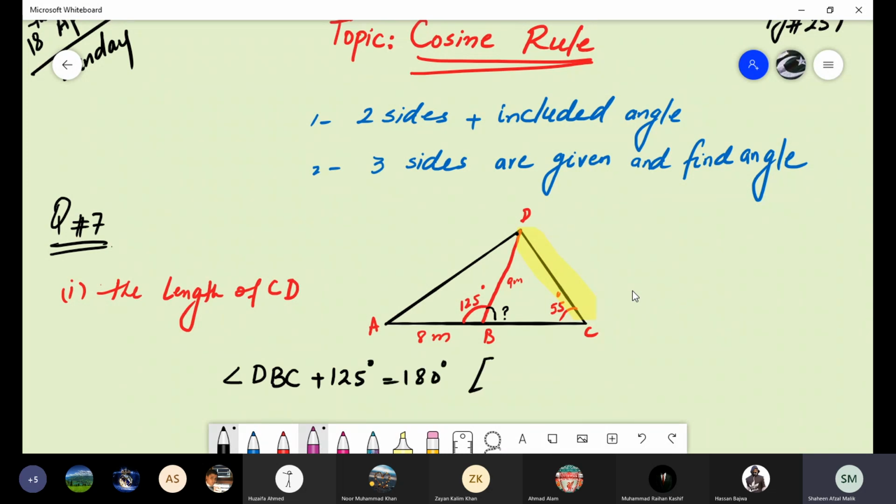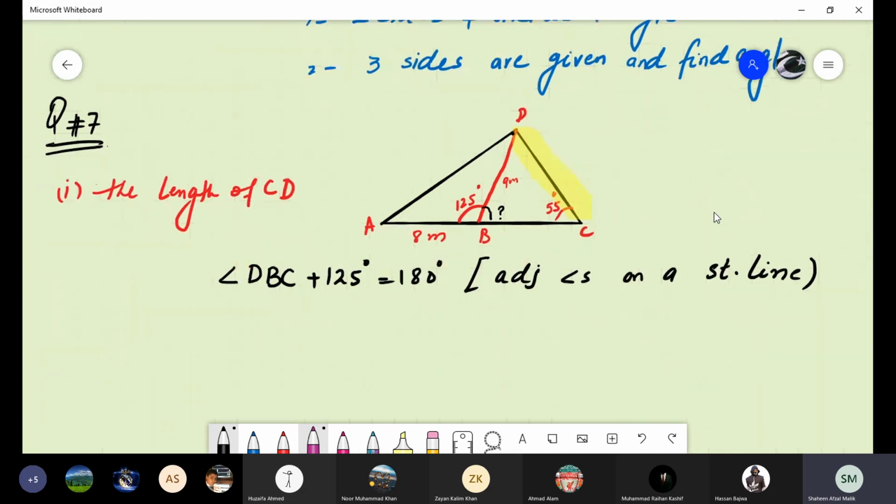They are adjacent angles on a straight line, or we can say that the sum of angles on a straight line is equal to 180 degrees.